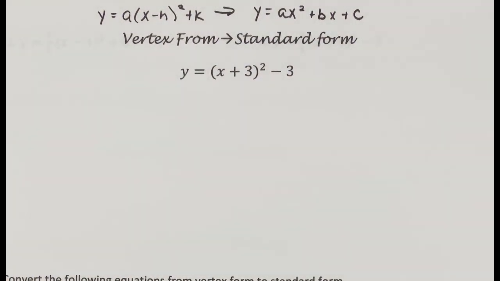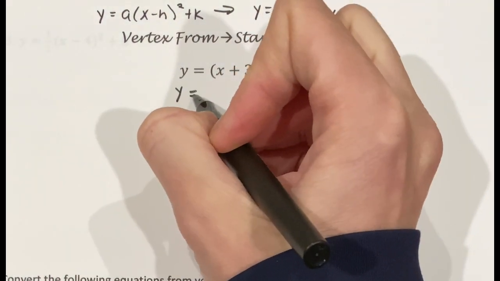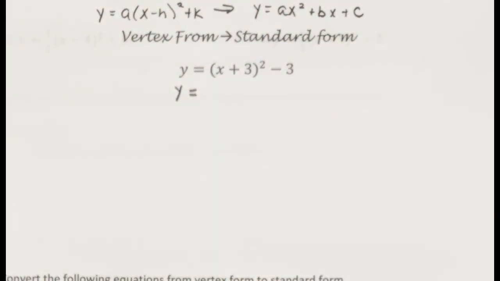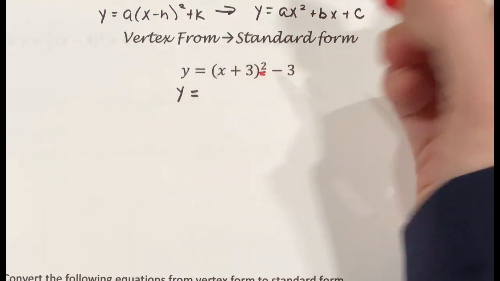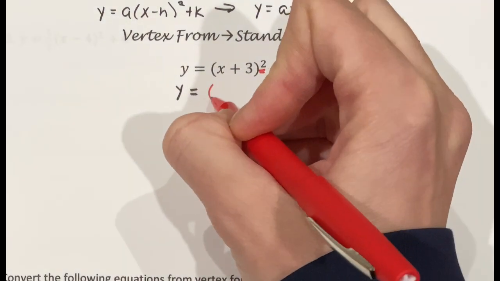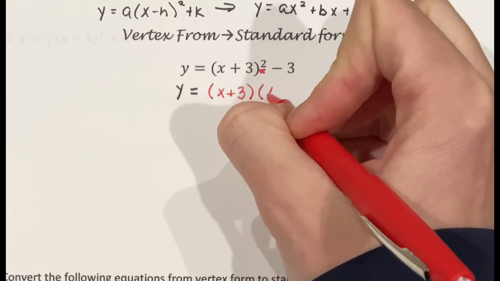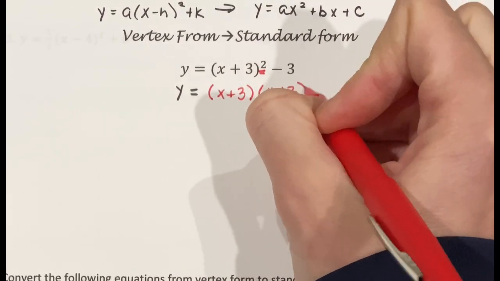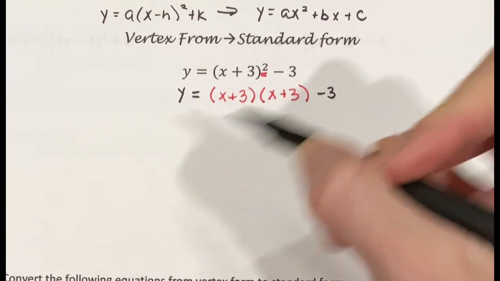So the first thing I see here is y equals, and then I have (x plus 3) squared. What this squared tells us is that we have something that needs to be multiplied by itself. So I'm going to take the x plus 3 and multiply it by the x plus 3, and then I have my minus 3 at the end.